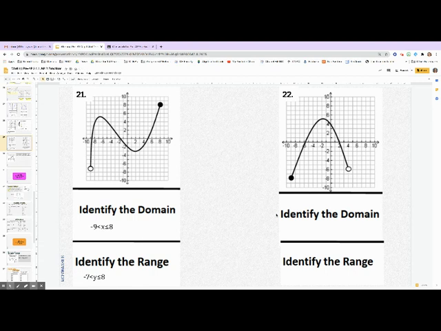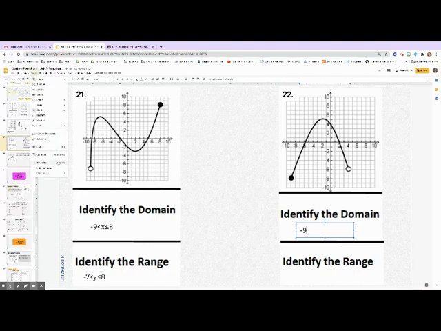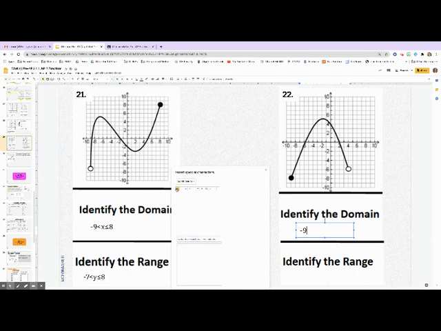Okay, let's go on to 22. The domain would be our x value. So how far left can it go? Looks like -9. It is included, so it's going to be a less than or equal to, and it's x. And then how far right can it go? It goes to 4, and it is not included, so we're just going to put less than 4.